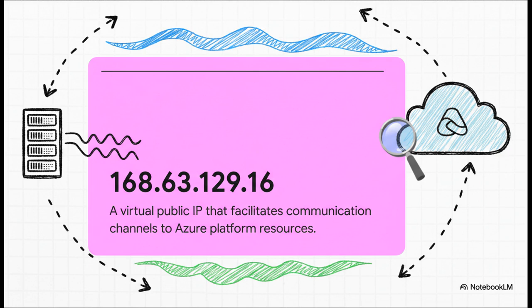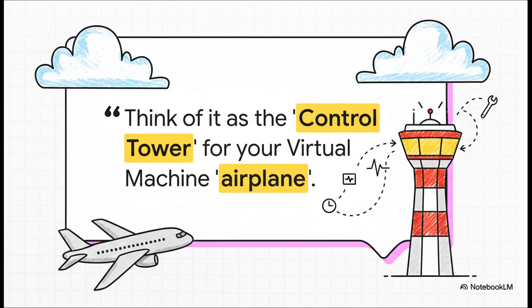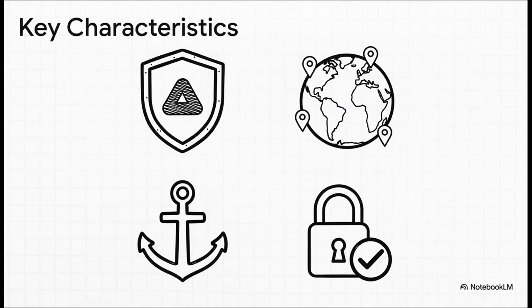It's a special, well-known endpoint that acts as a super secure communication line between your VM and the Azure platform itself. And this is where that analogy just clicks, right? If your virtual machine is an airplane flying around in the Azure sky, then this IP address is its control tower. It's constantly communicating, giving it flight plans, checking its engine status, and making sure everything is running smoothly to keep it flying safely.